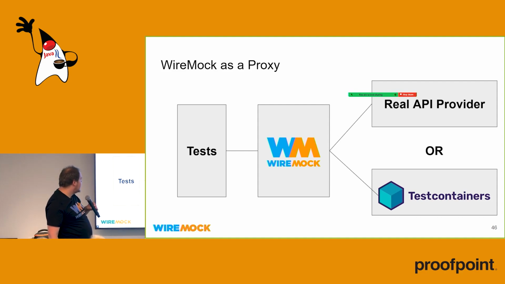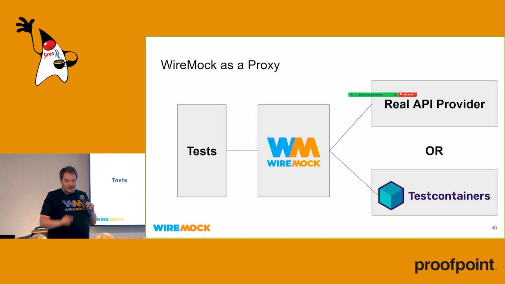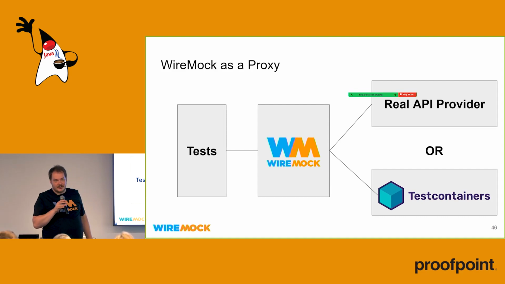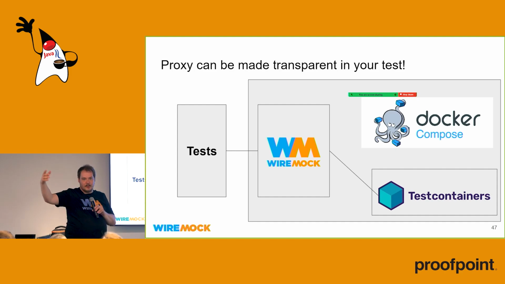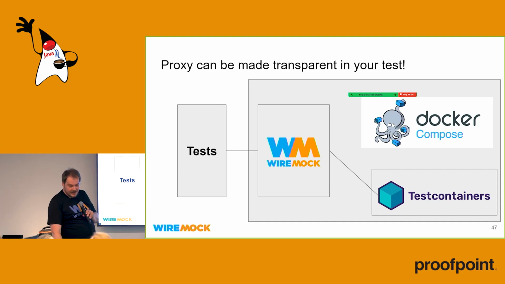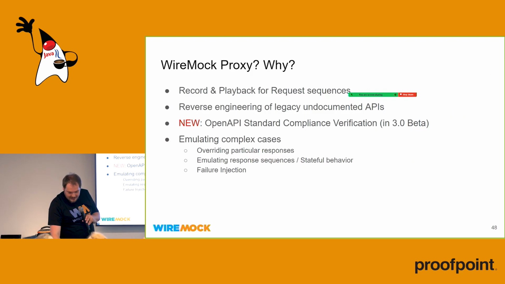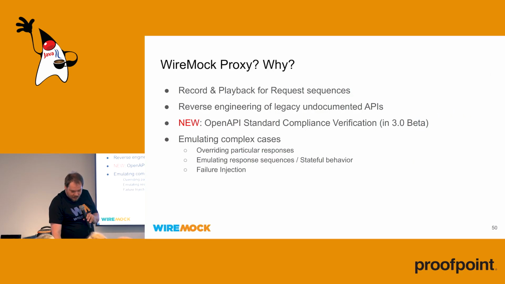What else did I want to say? There is one more case which I'm not describing today: you can use WireMock as a proxy. If you need to inject failures for a real service, you can do it with both Docker Compose and Testcontainers, and it provides a lot of value. You have a stable service, you want to inject errors, you put WireMock in front. You want to reproduce complex cases, you put WireMock there too. The same goes for proxying.